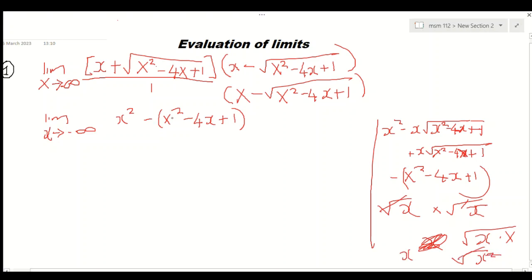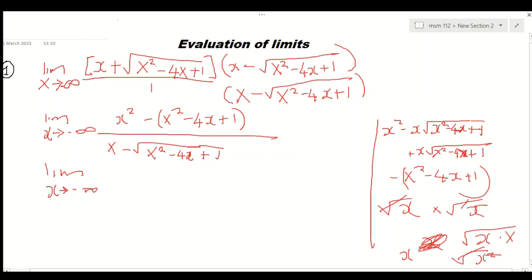No wonder I'm having this. But down here I'm going to have x minus the root of x squared minus 4x plus 1. When I distribute this, it will be the limit as x approaches negative infinity.